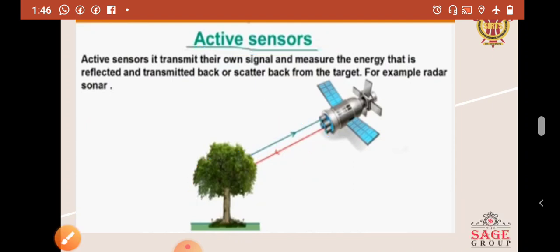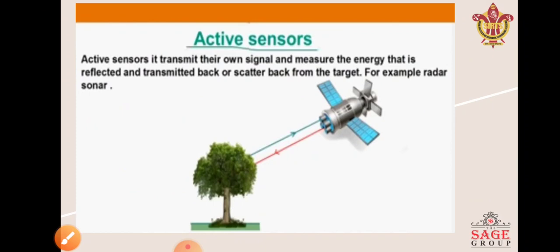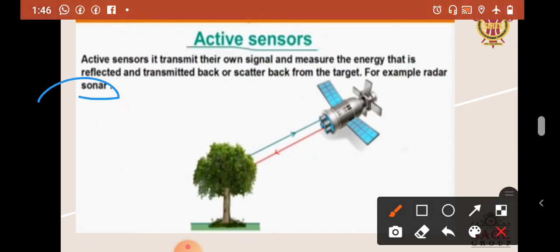Now, for example, radar and sonar. Sonars are fixed in the ship. They send signals from the ship in any direction, like downward. When these signals come back, it means something is there, like a mountain or a big rock.